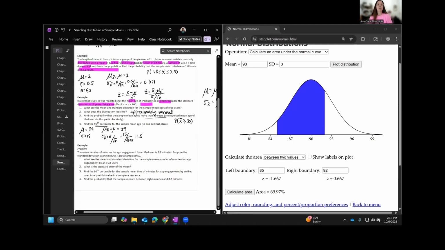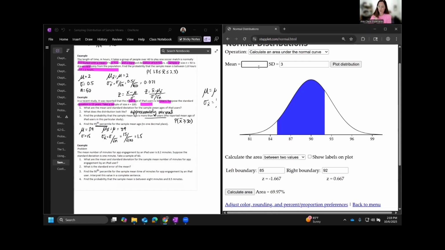Now we're talking about the length of time it takes people over the age of 40 to play the soccer match. We knew that the mean was 2, and we had an adjustment for the standard deviation of a sample size of 50. So we square rooted that, and we got the standard deviation to be 0.071.